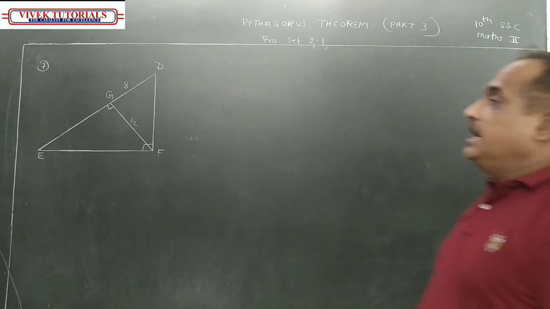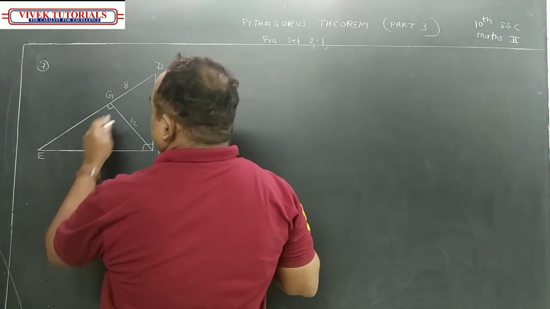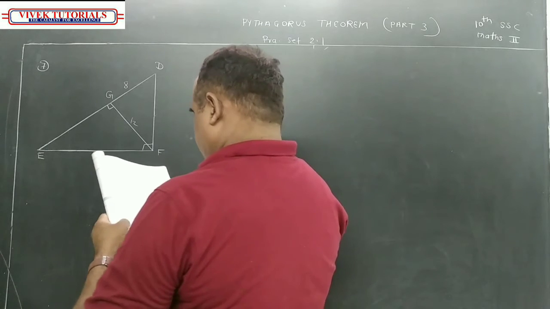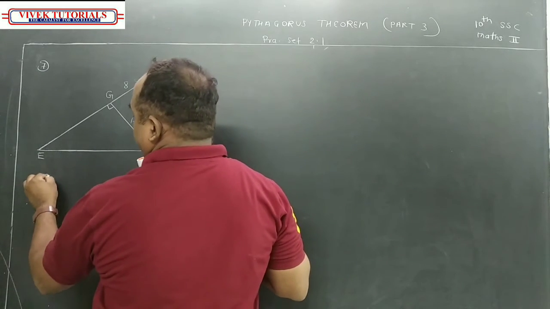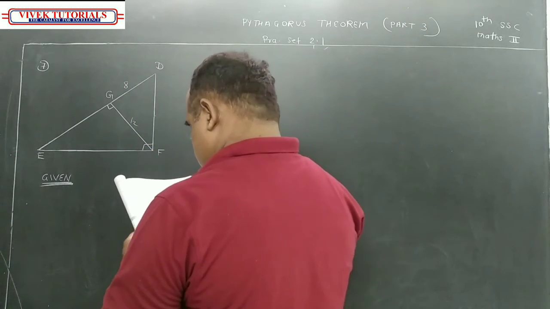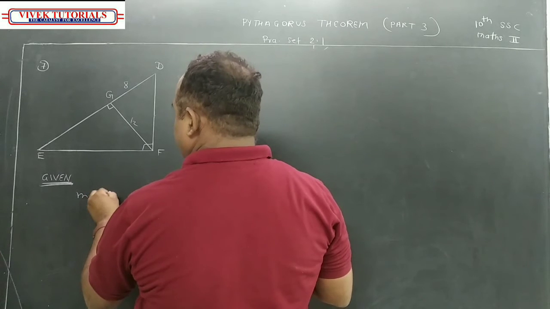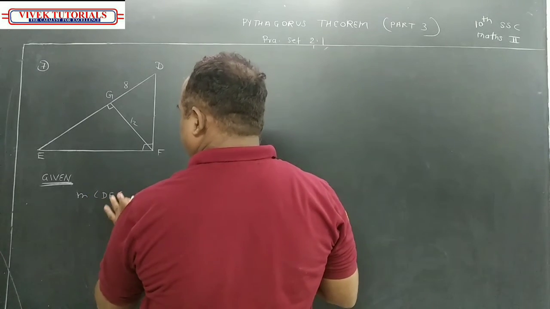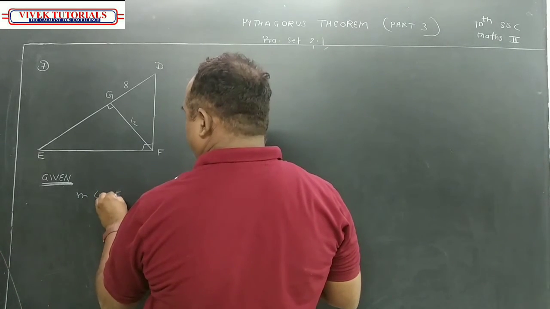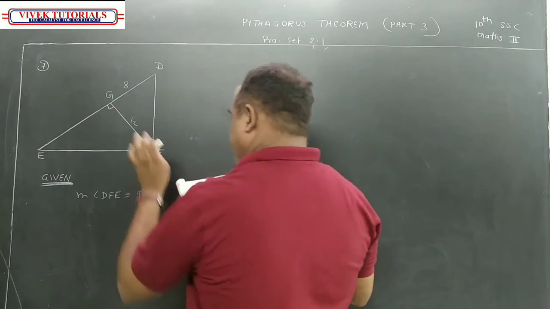Now, seventh question. They have given this figure and given measure of angle DFE is equal to 90 degree. This is given.